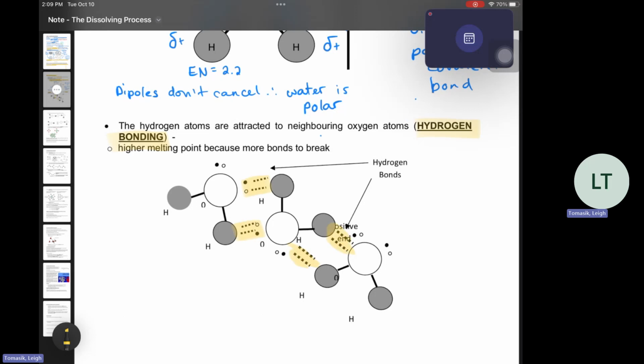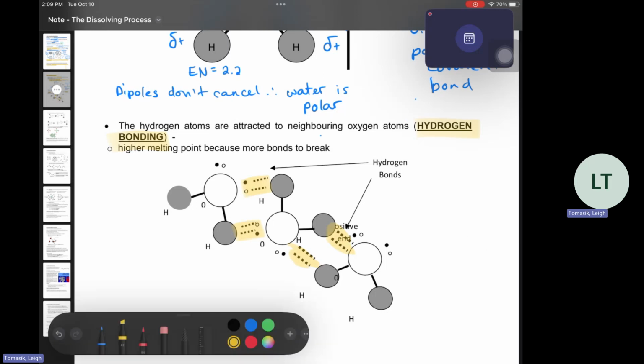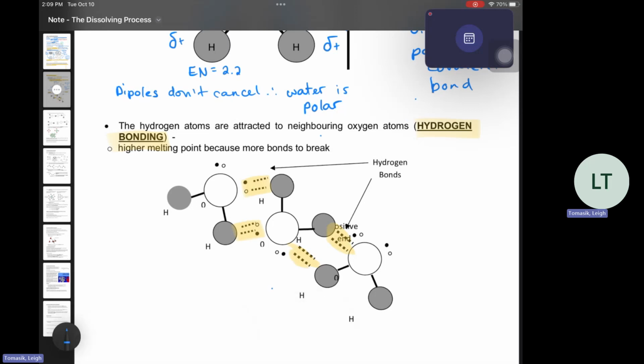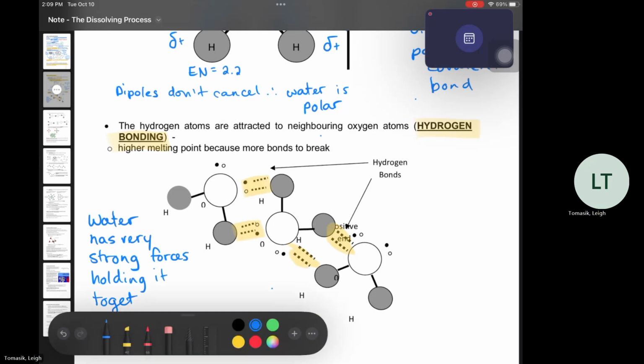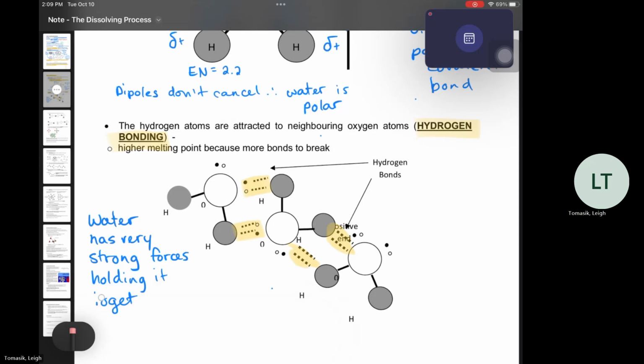So these are the hydrogen bonds that I'm coloring in, right? Water has very strong forces holding molecules together. I'm going to write that down. Water has very strong forces holding it together. Actually, I'm going to amend that.